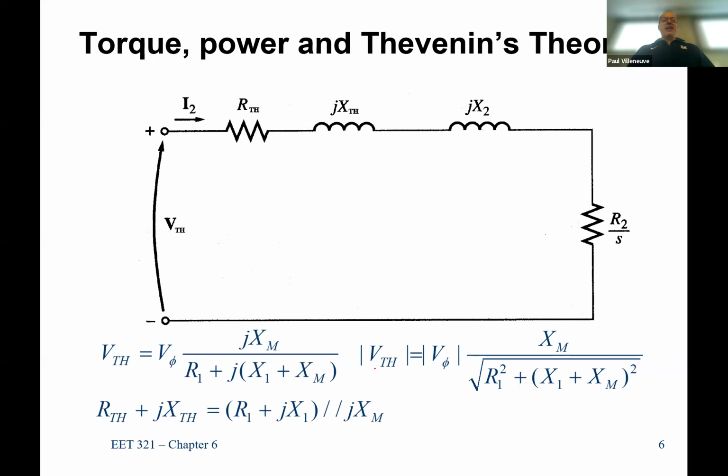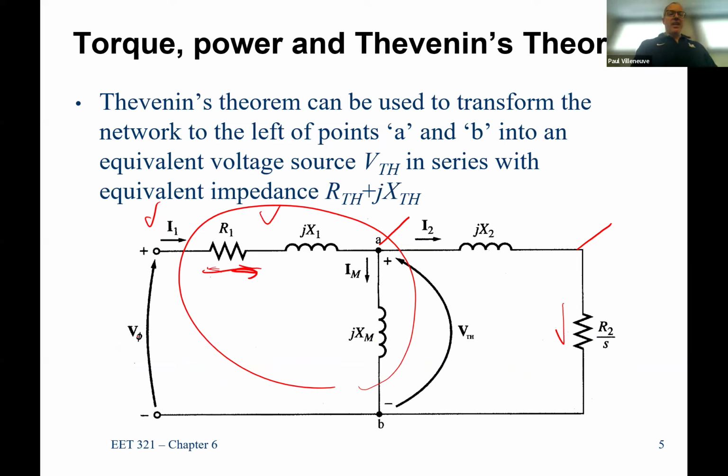You can see that I've transferred those two, but also I've transferred the input voltage. Why have I done that? Because now I have just one series circuit. I've gone from V phase with all these resistors and inductors to just replacing the whole thing with the Thevenin equivalent.